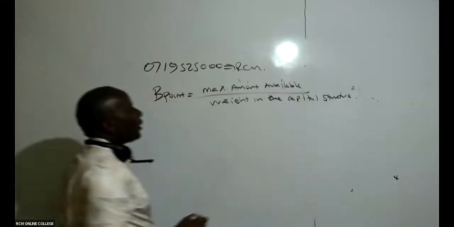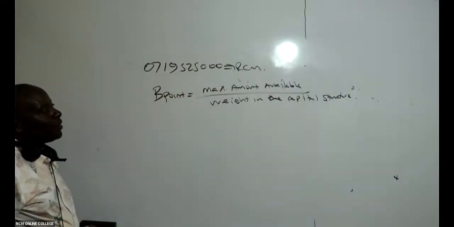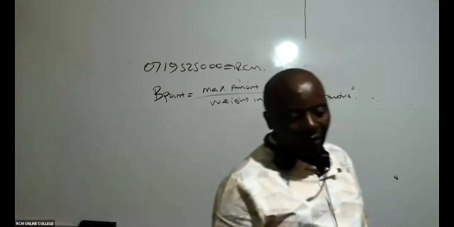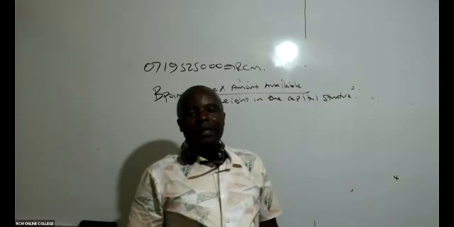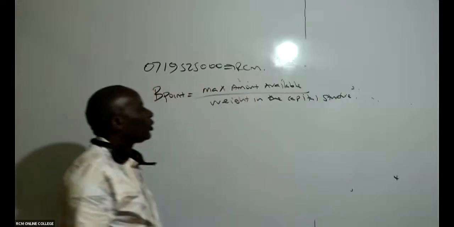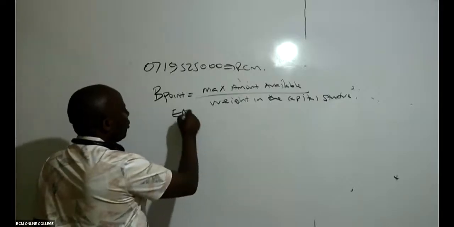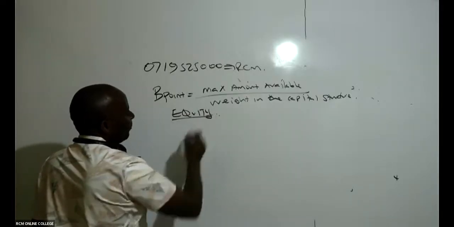This is a very important formula that I would want you to write. Maximum amount available divided by weight in the capital structure. And we shall get the breakpoint for equity, and for debt.